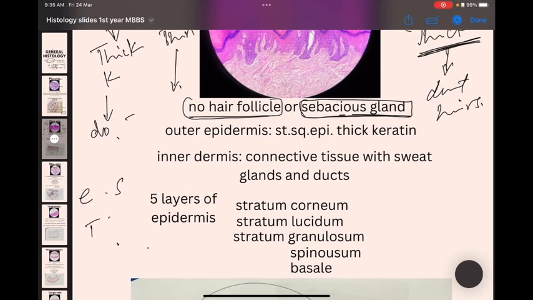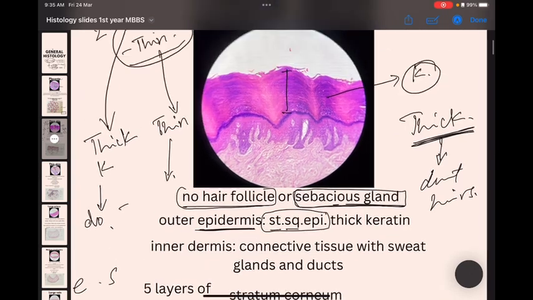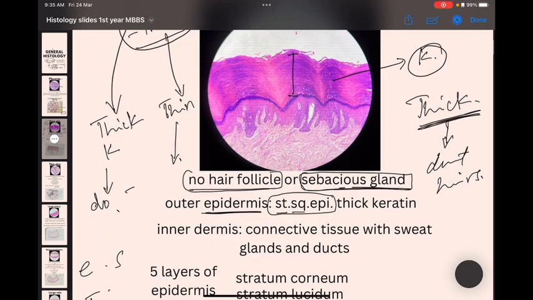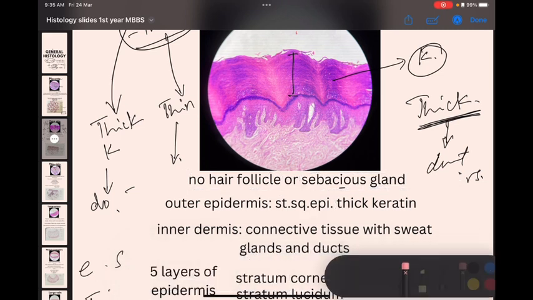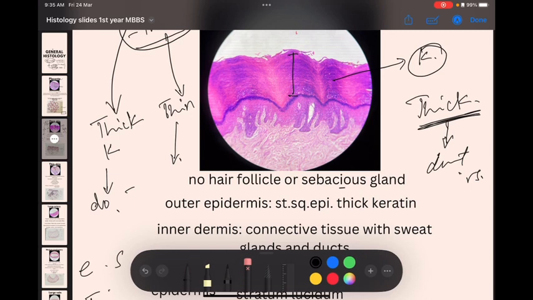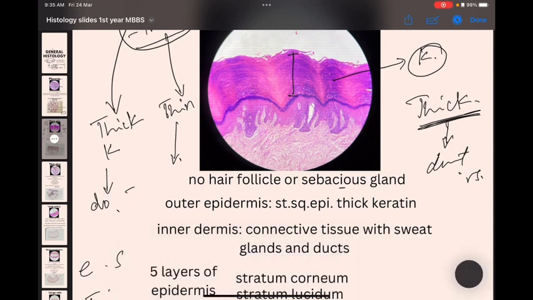The outer epidermis contains stratified squamous epithelium. Since it is thick skin, it contains a thick keratin layer. So I'll repeat it again. Thick skin does not have hair.